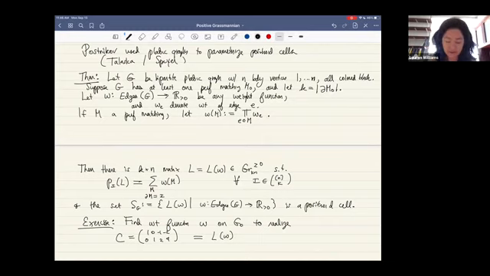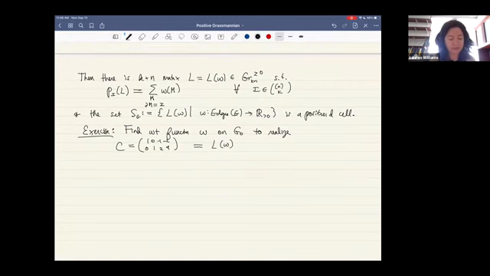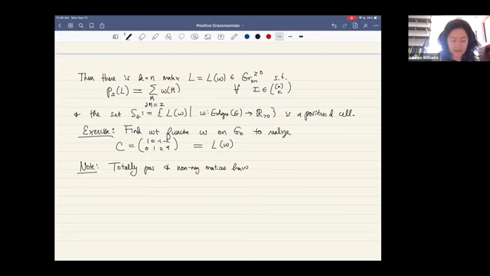Now, I think I have exactly 4 minutes left, so I'm going to make one remark about circular symmetry in this story. The observation is that totally positive and non-negative matrices have a kind of circular symmetry.